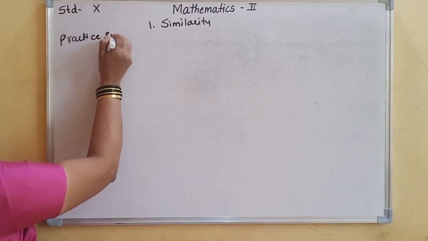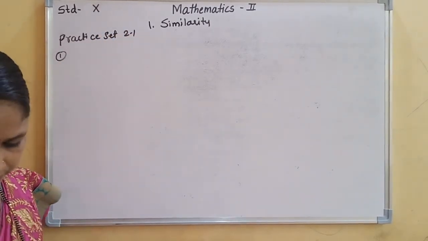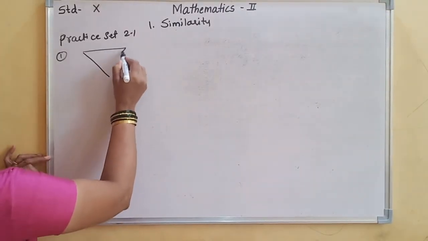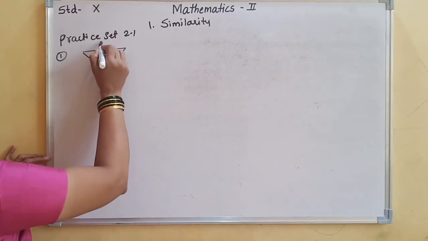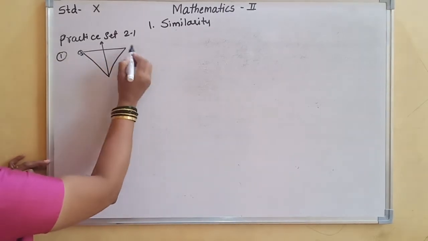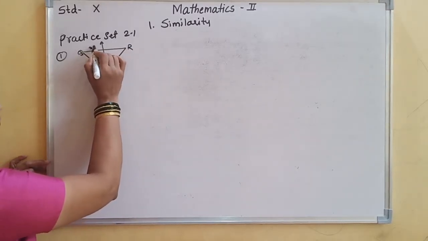Practice set 2.1, first question. Now here the first figure is given in this way. This is the ray QR. This is 3.5.